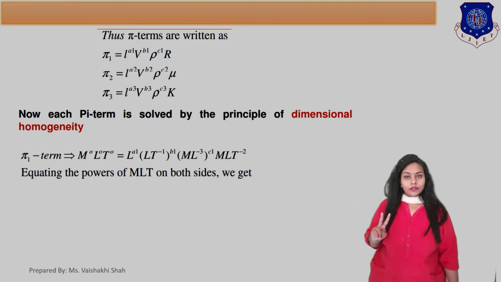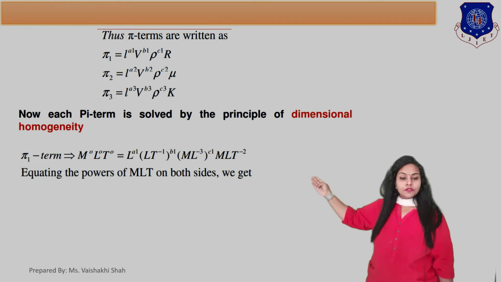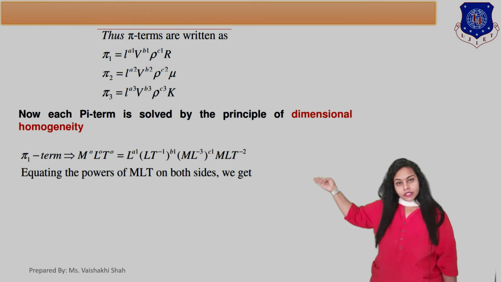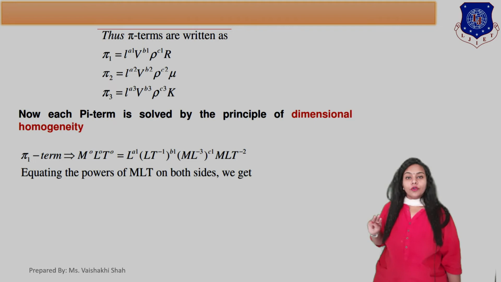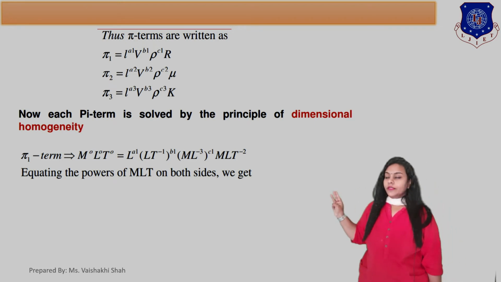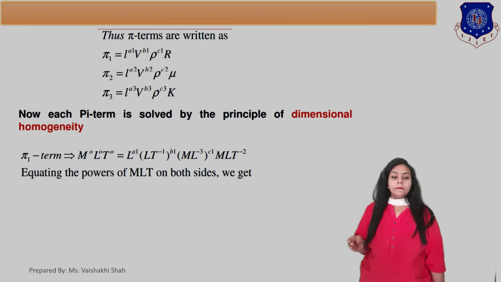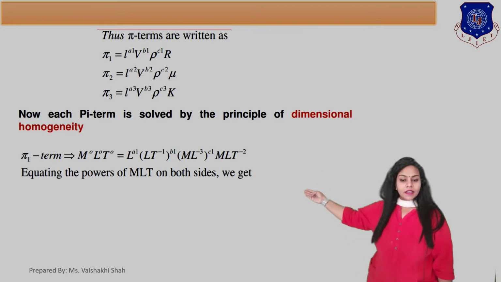Second is velocity, meter per second, that is L T^-1 raised to b1. Third is rho, which is M L^-3 raised to c1. And fourth is M L T^-2, which is your capital R.